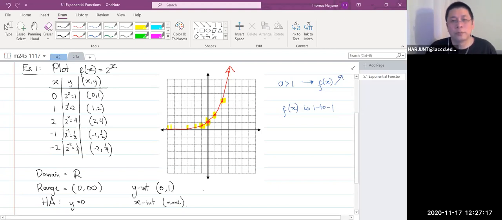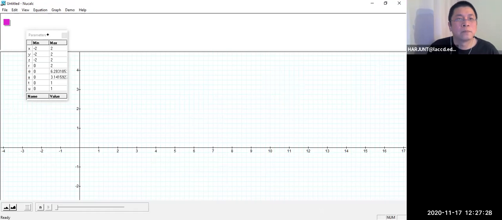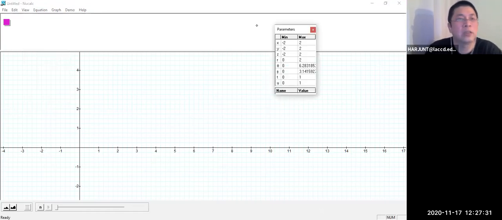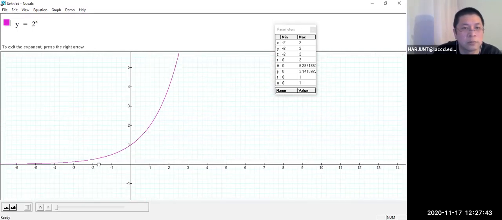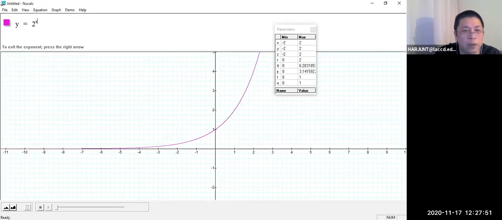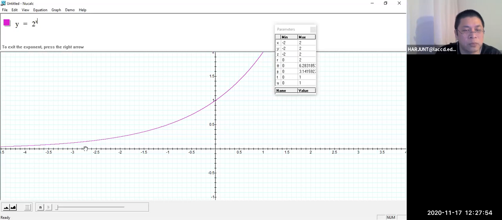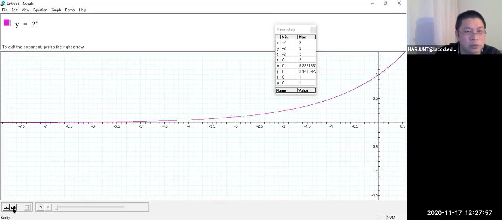Let me show you with my graphing software. So what we have done just now is y equals 2 to the x. That's what it looks like. I can screenshot this later on. You see, however far you go to the left, I can super zoom this, and you see the graph is not touching the x-axis.